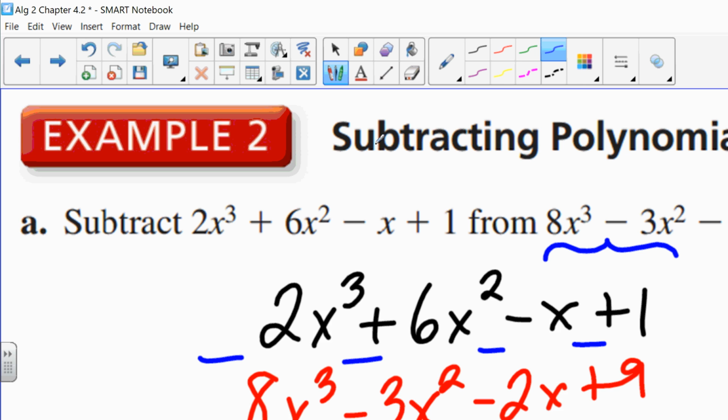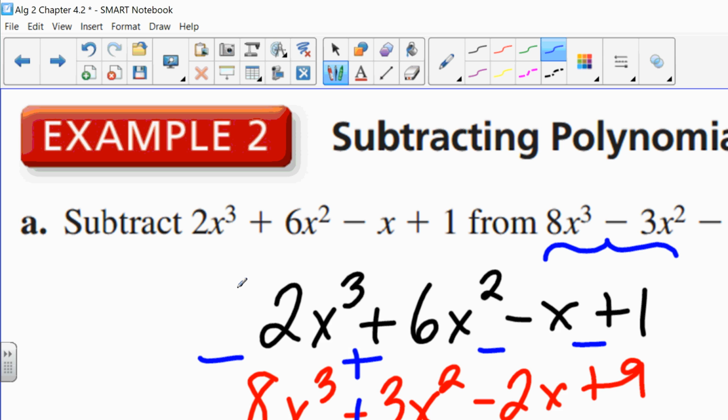Now we just need to subtract. So we can start off with the first terms, 2x cubed minus 8x cubed. Negative 6x cubed. 6x squared minus negative 3x squared. The negative and negative make a positive, which would give us 9x squared.